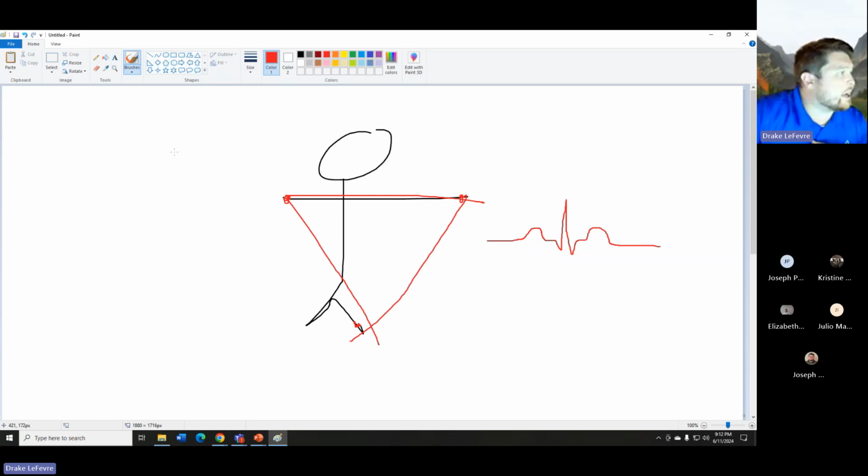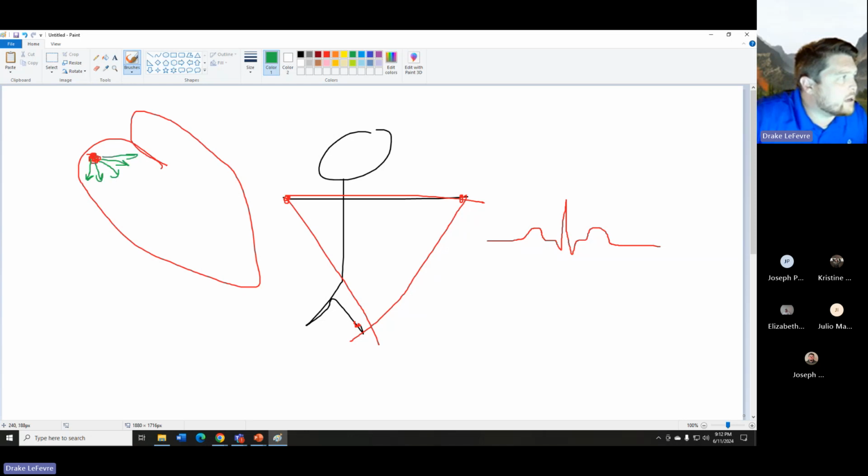Okay, because we looked at our heart, right? Here's our heart, our SA node. The electrical signal has to travel. Some signal has to travel over here, some to here, some this way, some way over this way, right? Some of it is traveling this direction to get to all of the heart.